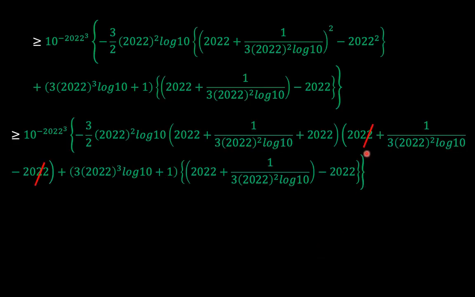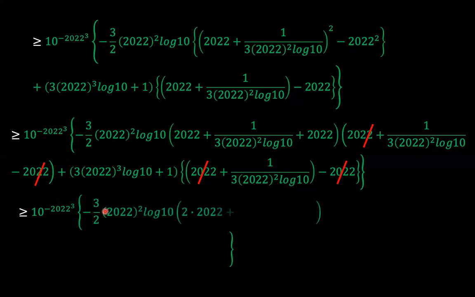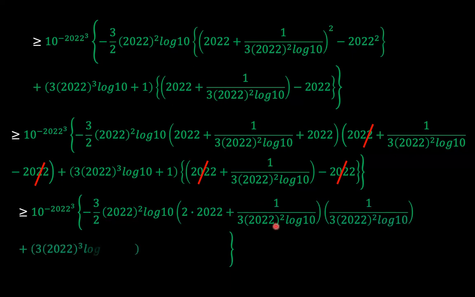So we can see that the difference of squares here is the same as the product of the sum and the difference of the two components. So this 2022 here in this difference component cancels out with this 2022, and then this 2022 here will cancel with this 2022. So the integral now becomes this constant that we had times negative 3 over 2, 2022 squared log 10, the sum component, and the remainder from the difference, right?